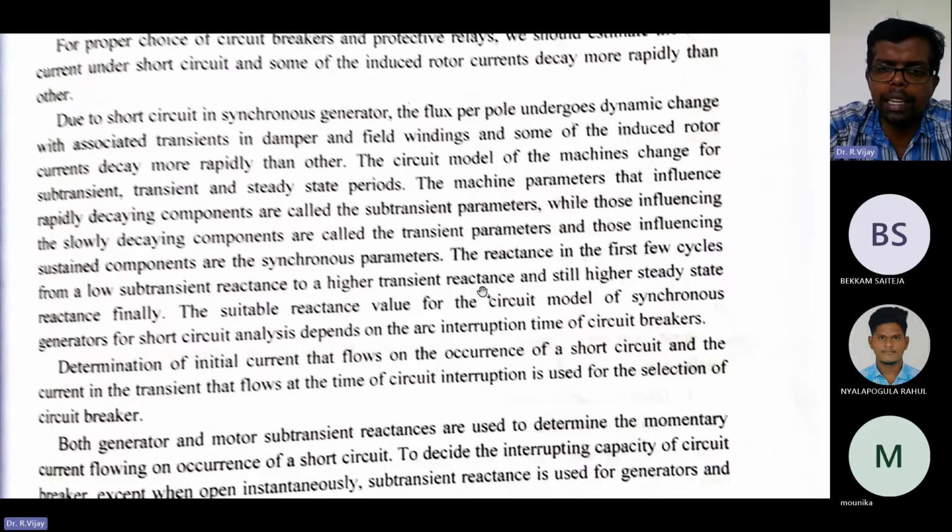So these things will happen. Then the reactance in the first few cycles goes from low subtransient reactance to higher transient reactance, and finally still higher steady state reactance. Next, the suitable reactance value for a circuit model of a synchronous generator for short circuit analysis depends on the arc interruption time of the circuit breaker. This is also one of the important factors.